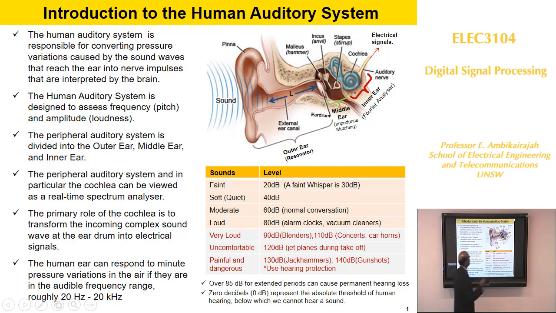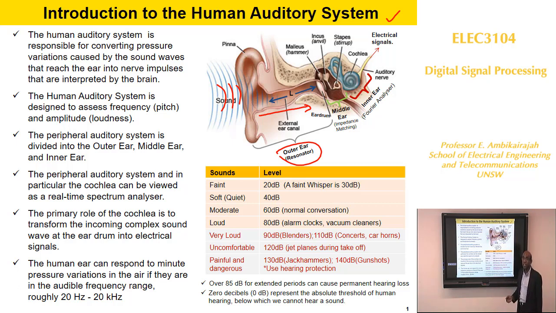So, introduction to the auditory system. You can see that the sound wave is coming in here, going through the ear canal, and we call that the outer ear, and it's a resonator, it's a bandpass filter. I'll show you the frequency response, the magnitude response, in a minute.